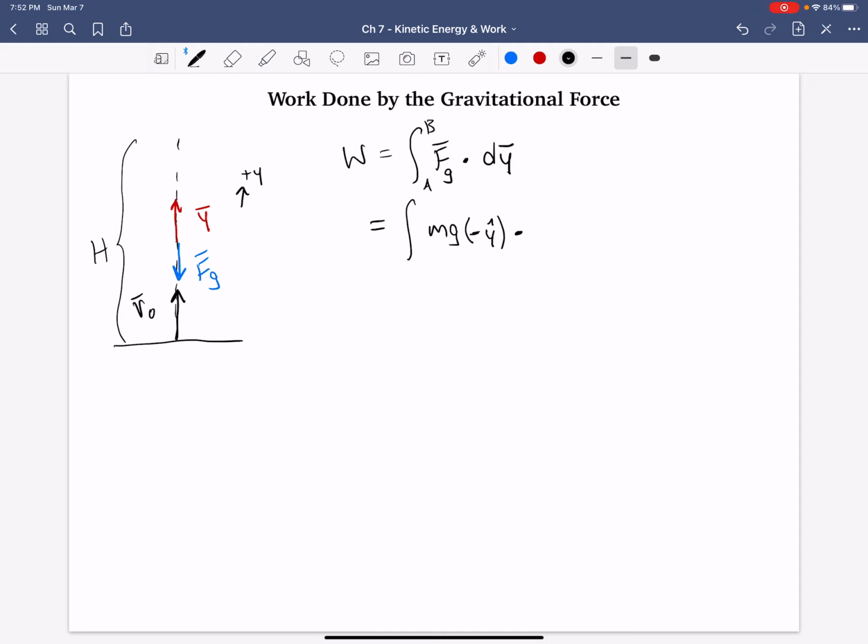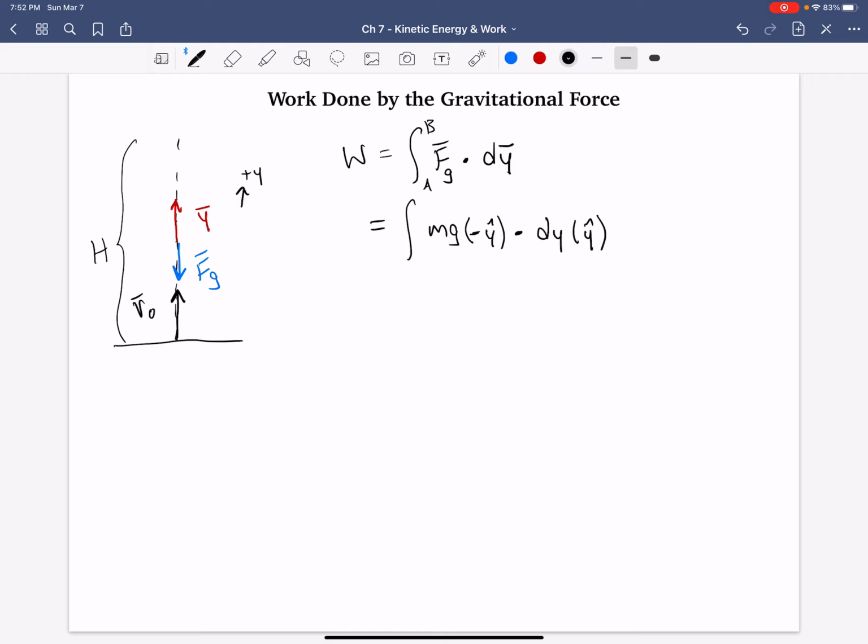The dot product is still there. We have not evaluated the magnitude of that yet. The magnitude of dy is dy, and its direction is positive y hat. So again, we have magnitude and direction. This is unit vector notation.